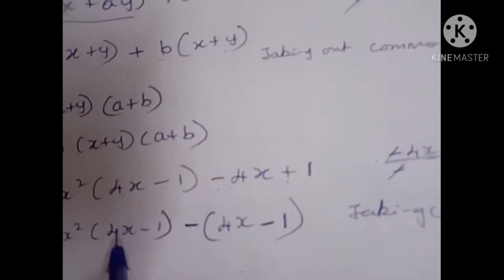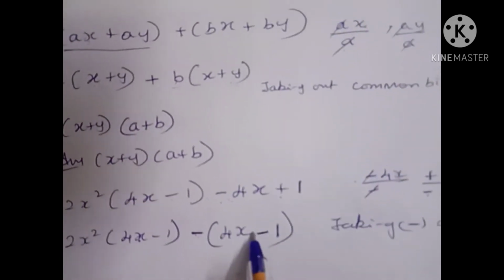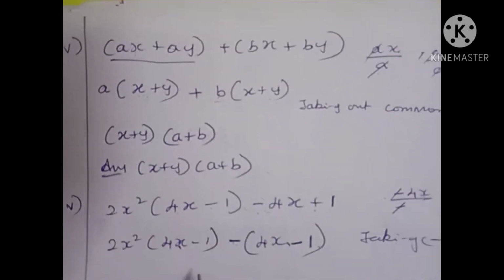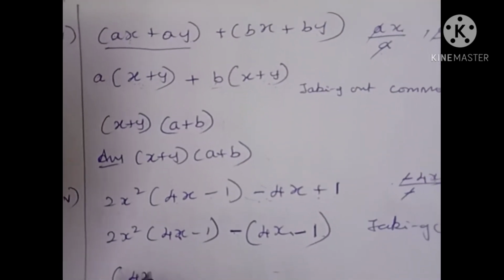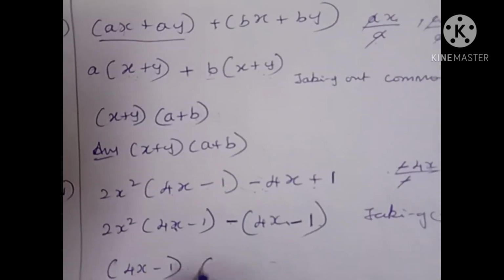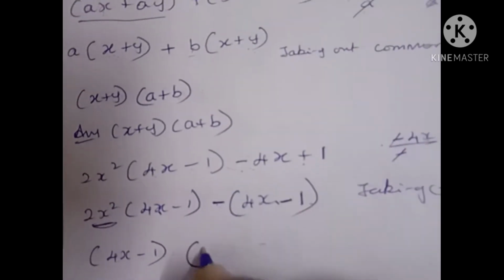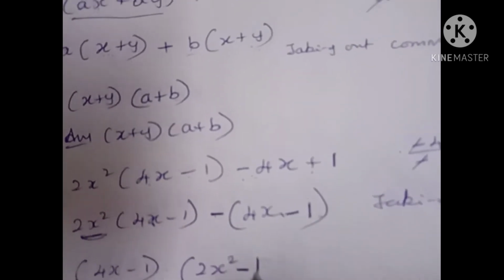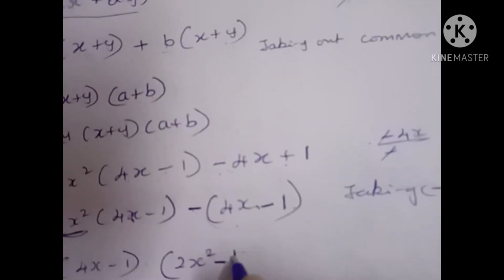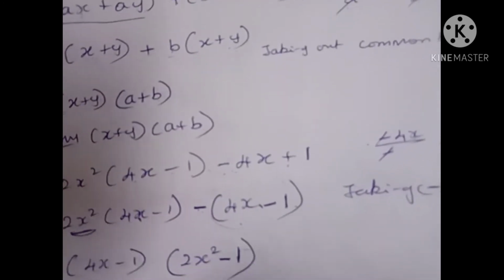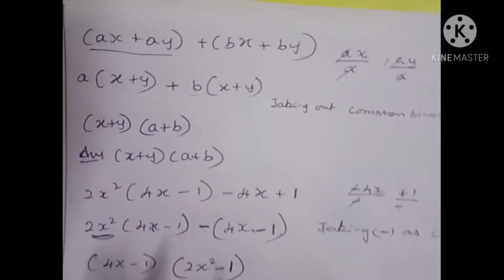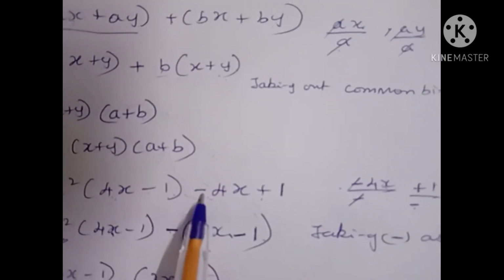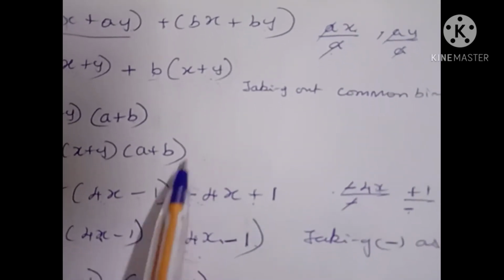So now if you see here, you can get the binomial factor as common. So take the binomial factor 4x minus 1 and the remaining is 2x square. If no number is there, you can assume it as 1 into this term. So 2x minus 1. Have you understood, students? If you see here in the bracket they have given 4x minus 1, but the next term is given as minus 4x plus 1.